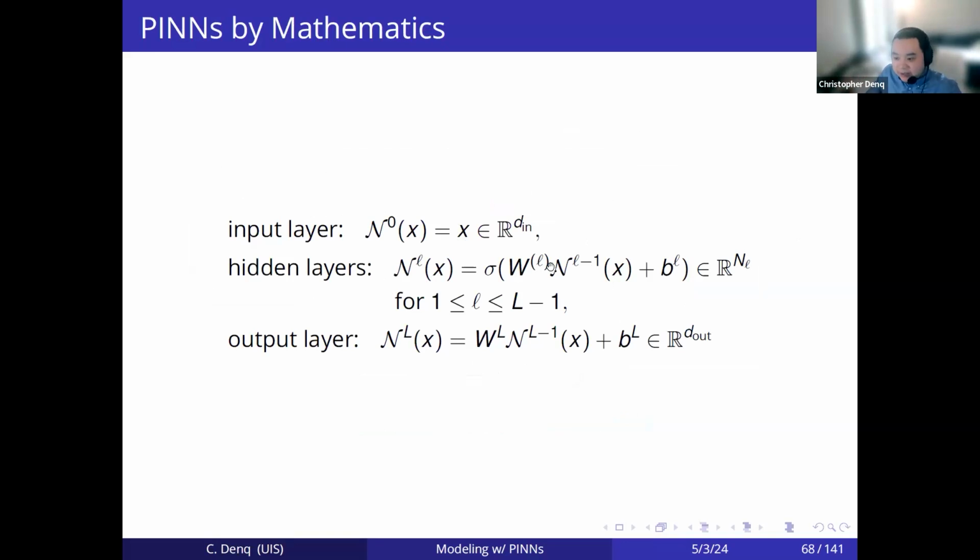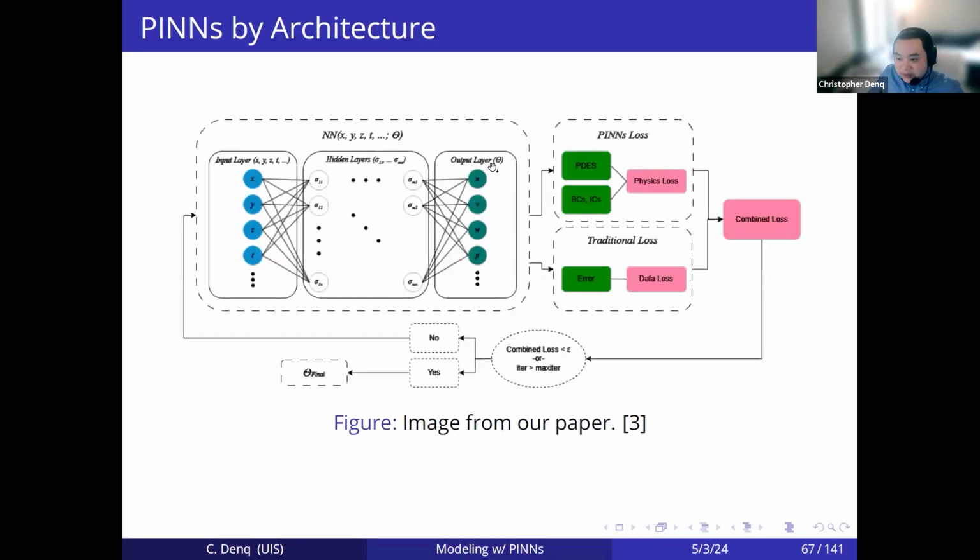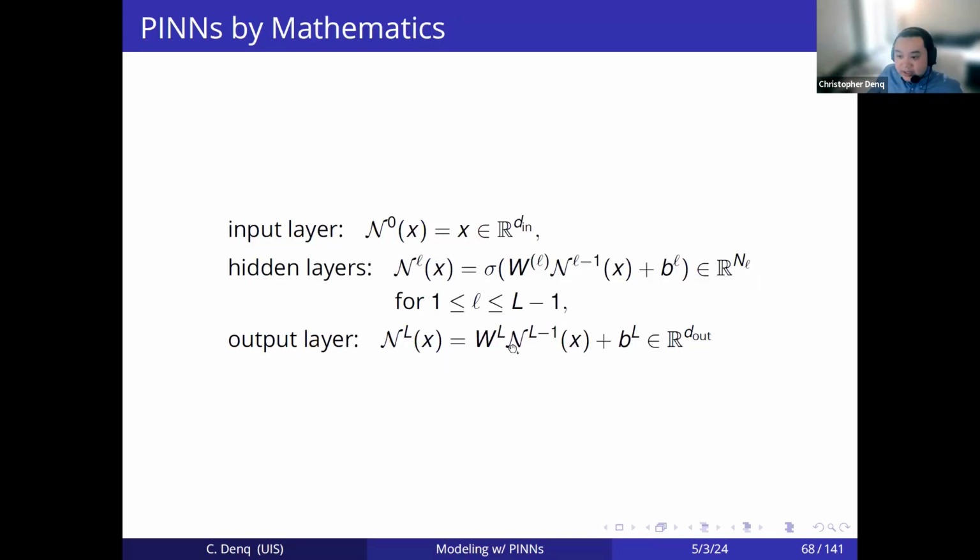They get passed through, they update with weights, biases, etc. And throughout, this vector is going to be transformed. Then at the end, it comes to the output layer, which is this last part here. It's going to be updated with the final weights and biases, and then give us the answer, the prediction x, which is now in d_out dimensional space. So that's a high level view from a mathematical perspective.